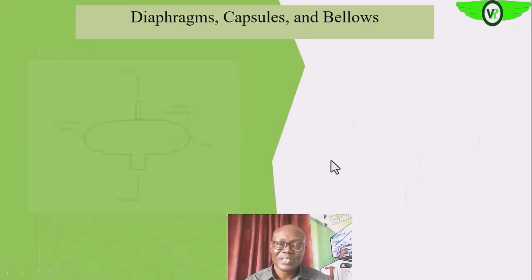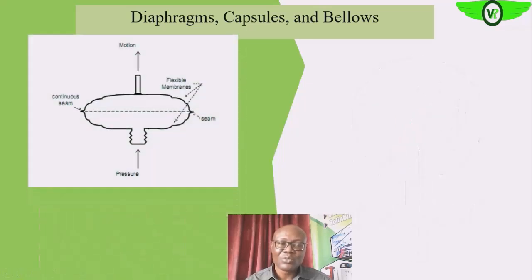And that will affect the movement of the spindle on the gauge. So we also have the capsule. The capsule is like two diaphragms, one on top of the other. Are we getting it? As you can see on your screen, this is one diaphragm, this is another diaphragm. They have the edges sealed.